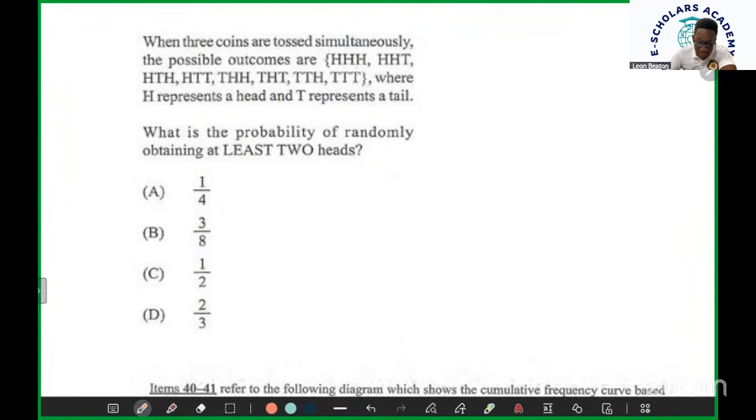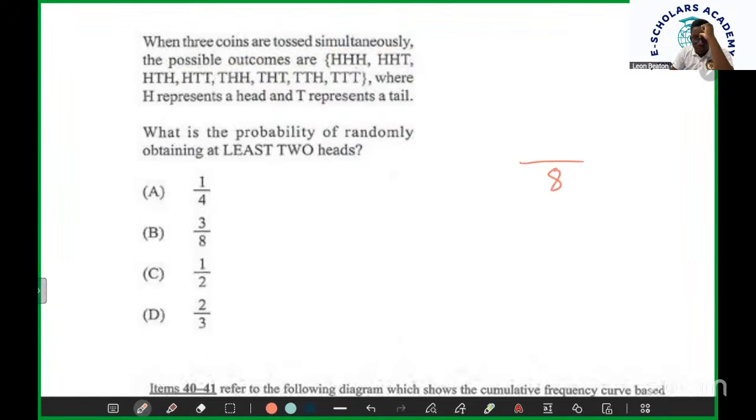Sounded weird, eh? Anyways, so what's the probability of randomly obtaining at least 2 heads? At least means 2 and more, eh? In total we got 8 options, so this has to go over 8.